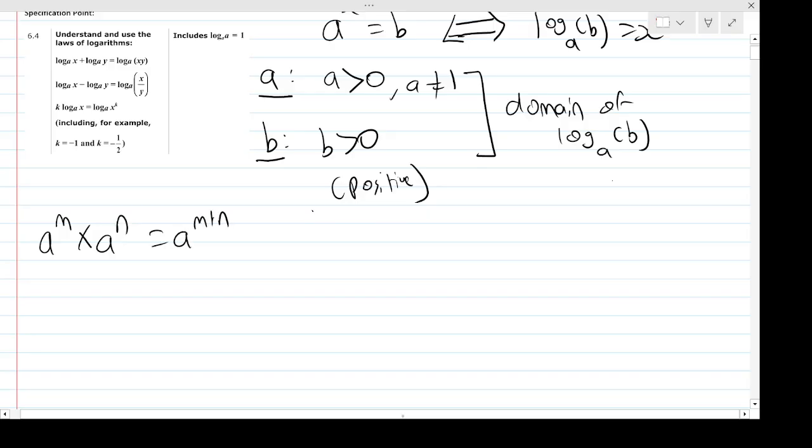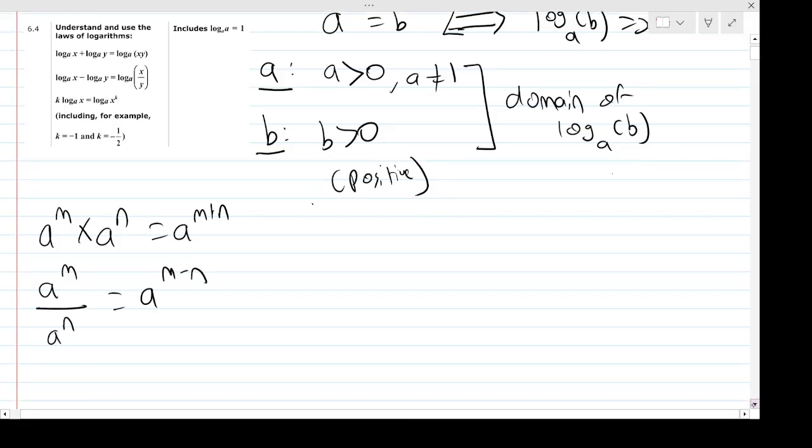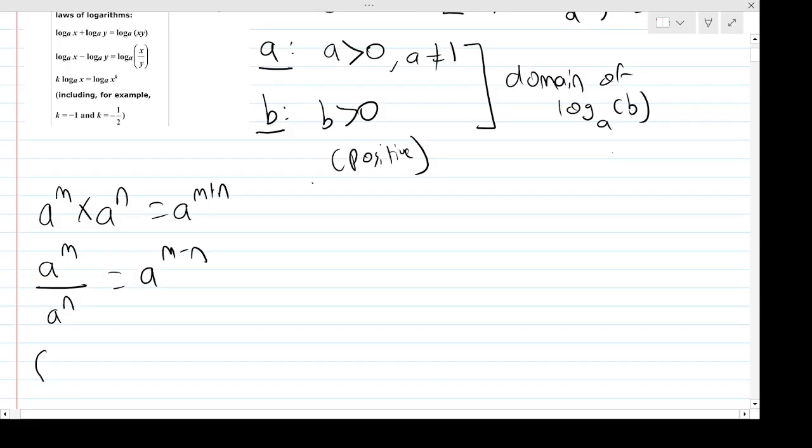That was my first one. My second one was if I divided instead, and so we subtract the powers. And my third one is this. We have A to the power m, but this is all raised by a different power n. We could just multiply the indices.